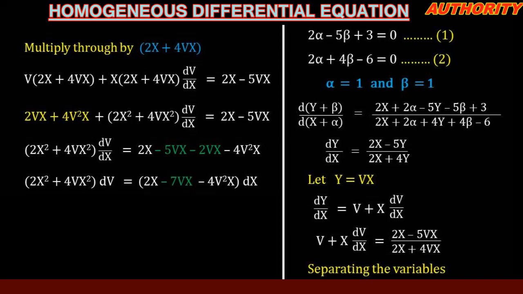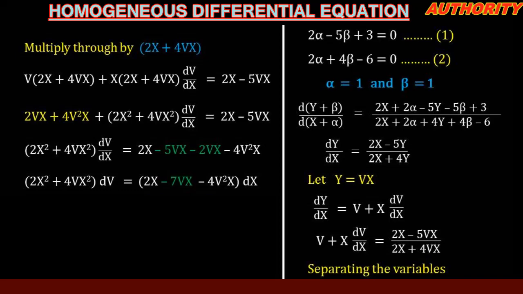That is when we multiply by dx. All right, good. So here now we have 2x squared plus 4vx squared in bracket dv equal to 2x minus 7vx minus 4v squared x in bracket dx.